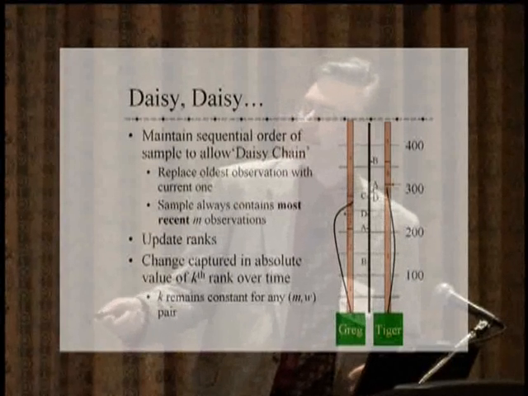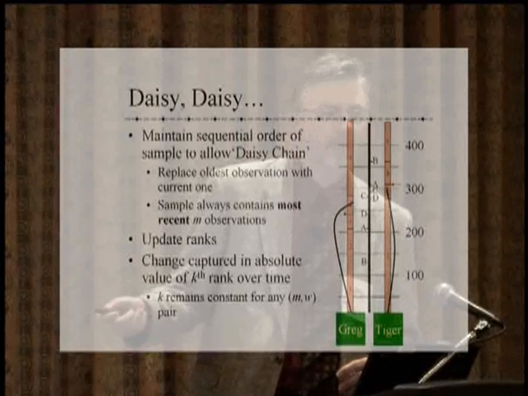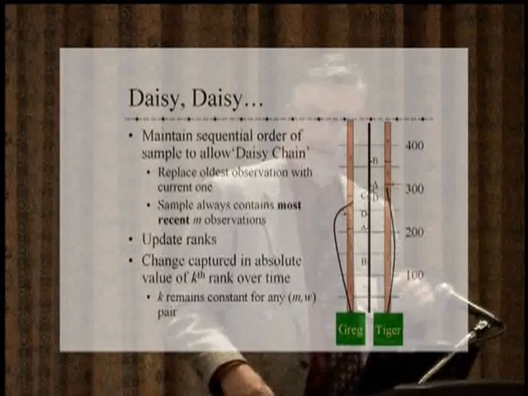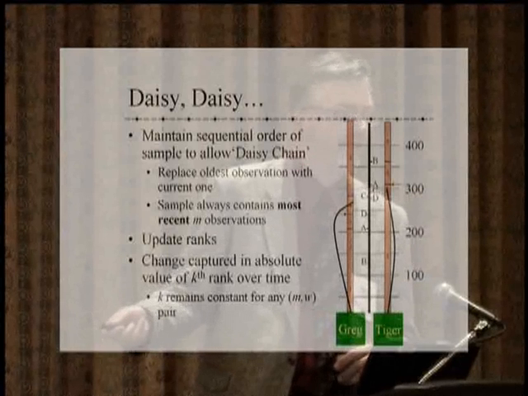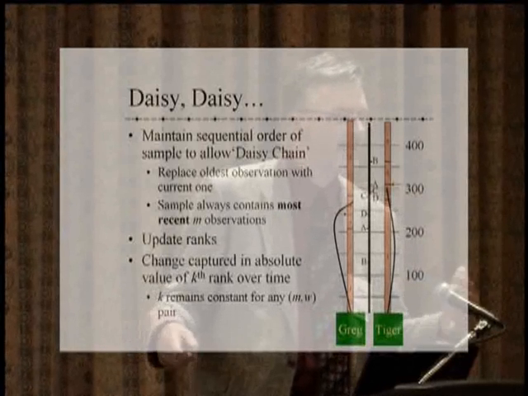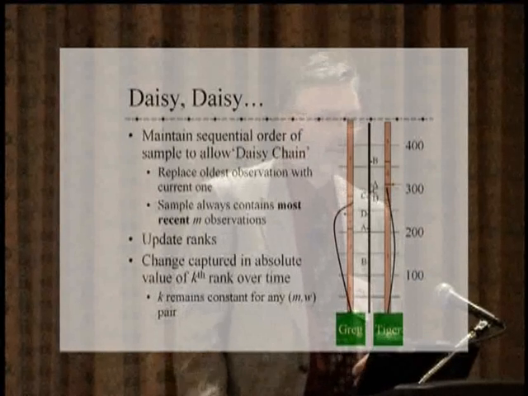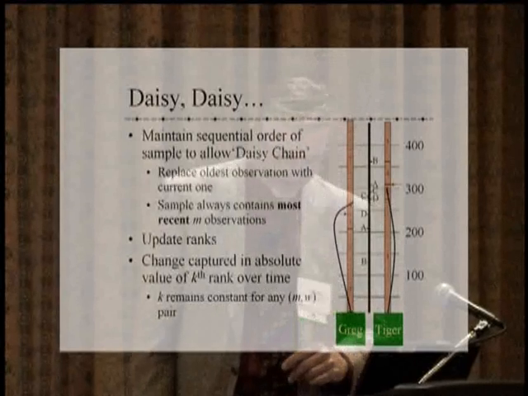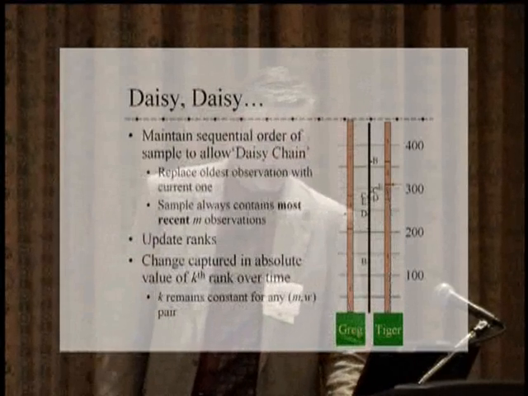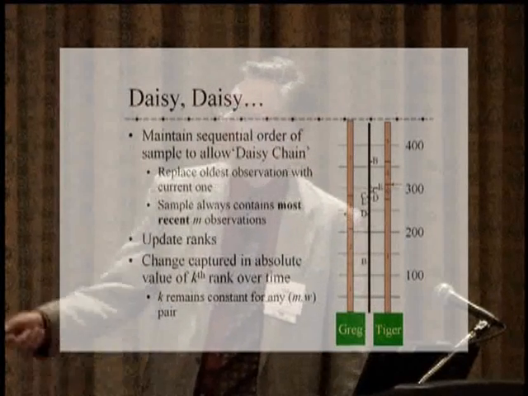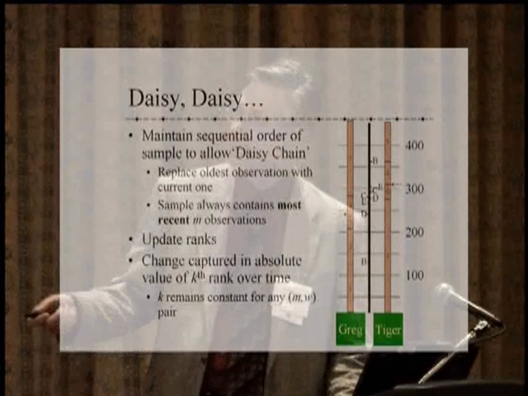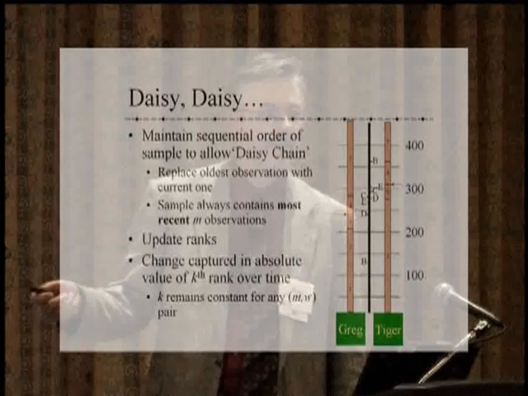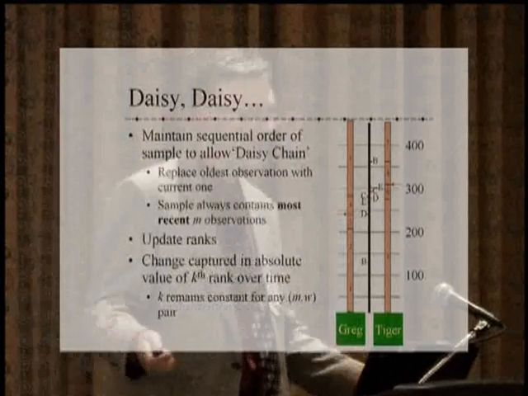We maintain the sequential order of the sample to allow you to do what's called a daisy chain. The daisy chain replaces the oldest observation with the current one, so that you always maintain the most recent m observations in the sample. So, we pull out the old drives and put in the new drive, drive Z, in both places. A disappears. We now have 4 drives left.